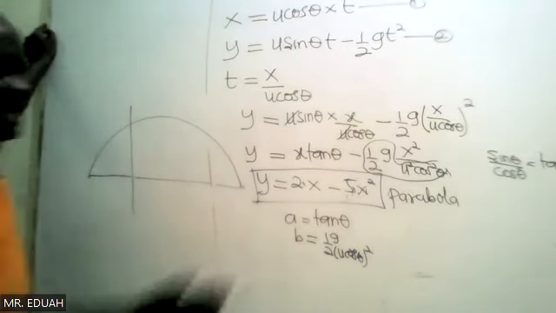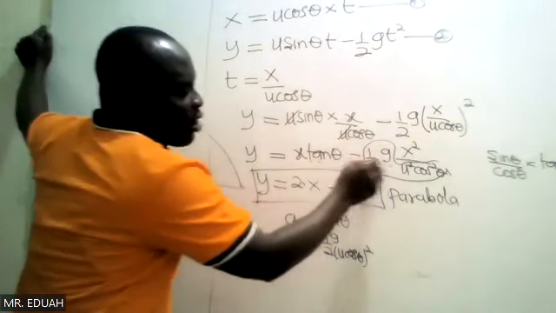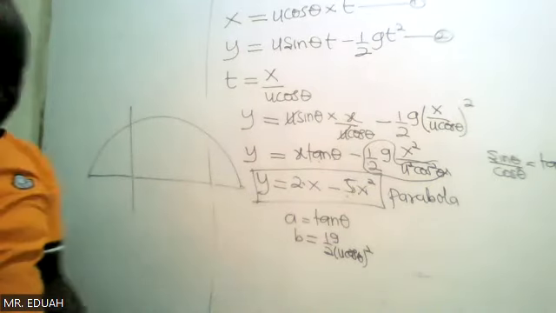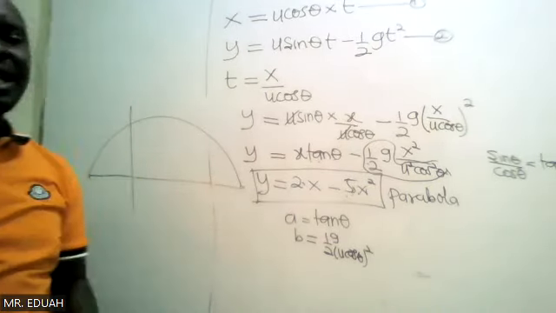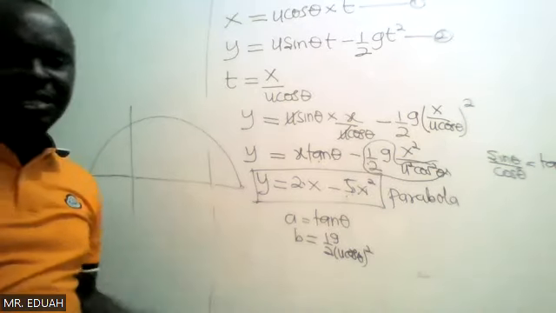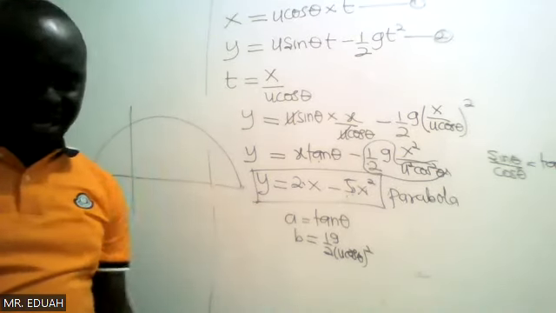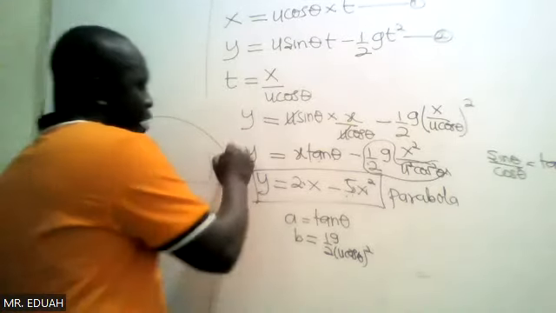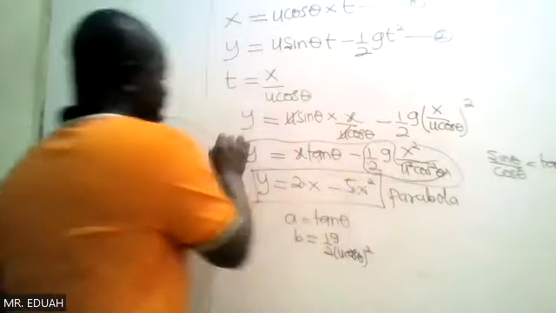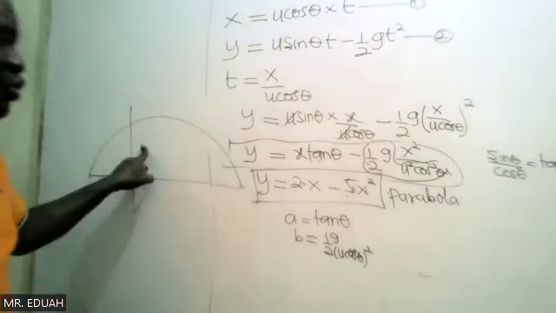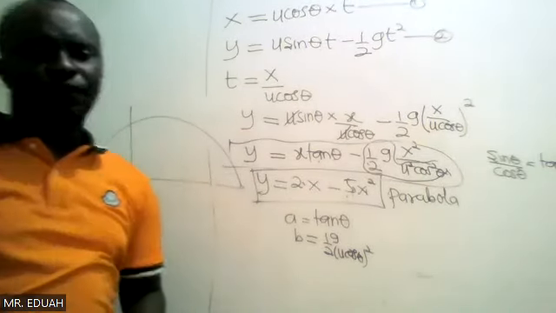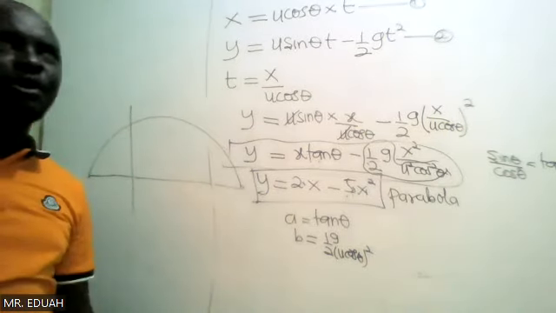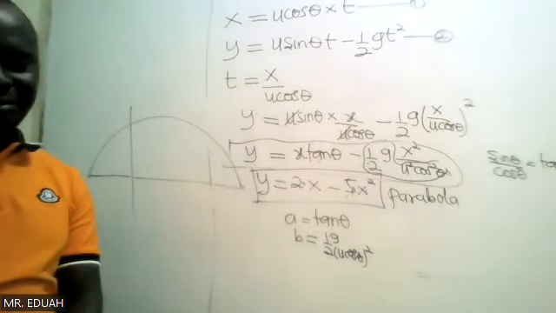In the same way, since all these are constant, when you plot ours, you also get the same shape. Hence, we say the path taken by the projectile is parabolic. The equation for ours shows it. And when you plot, it will also give you this shape to confirm that our path is the shape of a parabola.